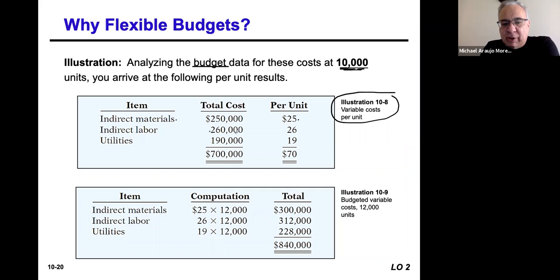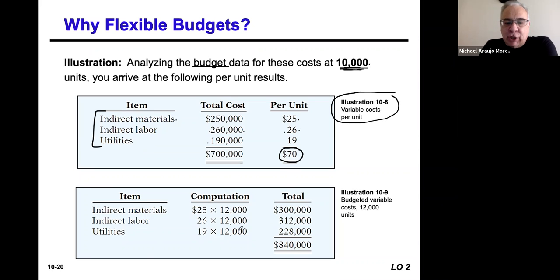We budgeted $260,000 in indirect labor to make 10,000 units. That's $26 per unit. And we budgeted 190,000 in utilities for 10,000 units, which is $19 per unit. So in other words, we had a per unit cost in these variable overhead costs of $70 per unit.